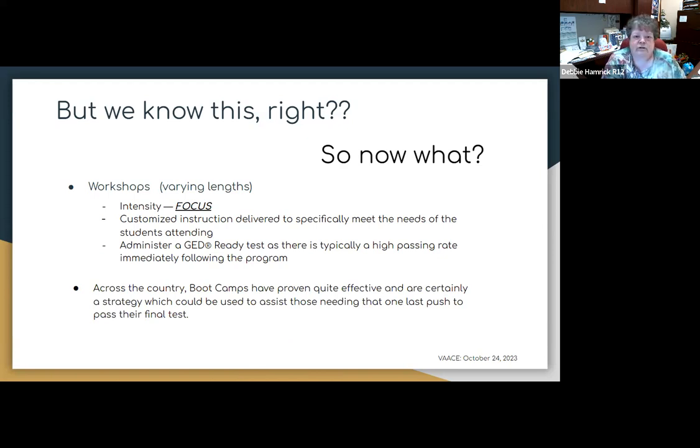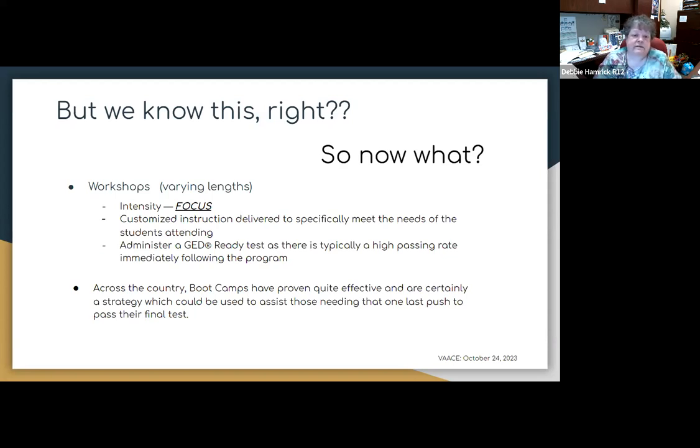We've done Super Saturdays at our location and invited anybody that wanted to come in, and today we're going to do math, and we go in there and we hit the highlights. We hit the points that we know are missed more often than not. If we know the student's coming and we can look at their prescriptions, we make a point of hitting those pieces as we go. And then we try to get them to take a GED ready test when they're finished to see if what we discussed that day helps.